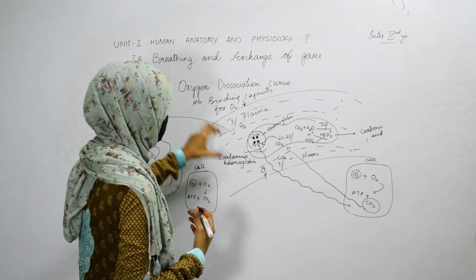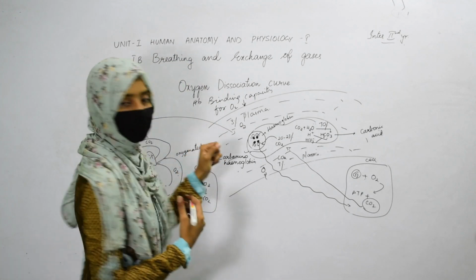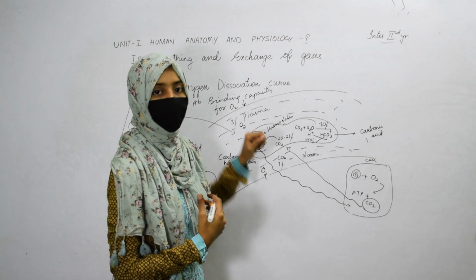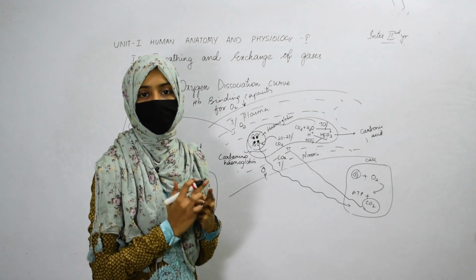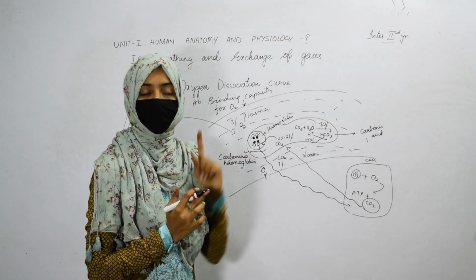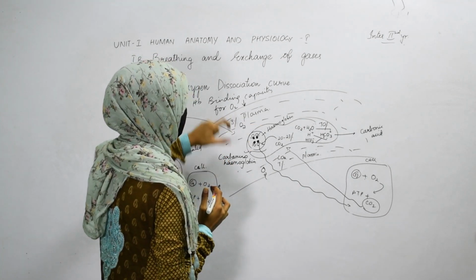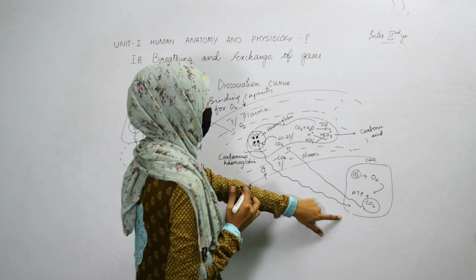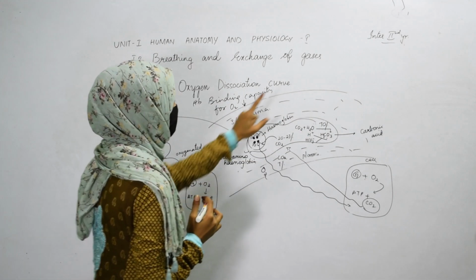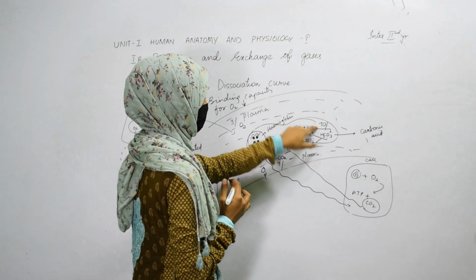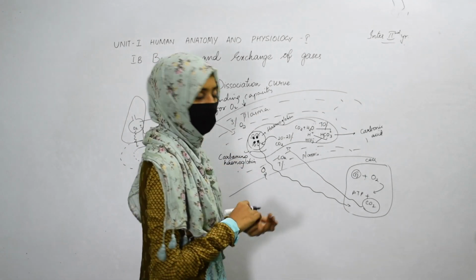The formation of carbaminohemoglobin forces the hemoglobin molecule to release one oxygen molecule. Out of 4 oxygen, 1 oxygen gets released by the hemoglobin and can be transported to the different cells of our body.